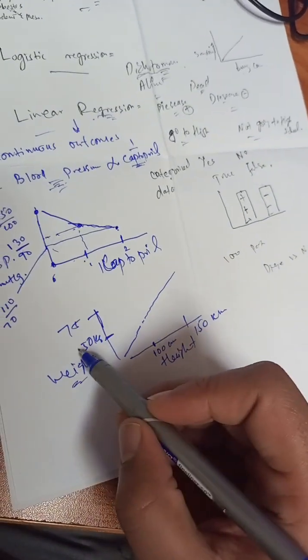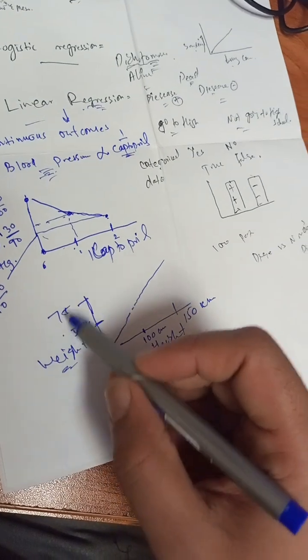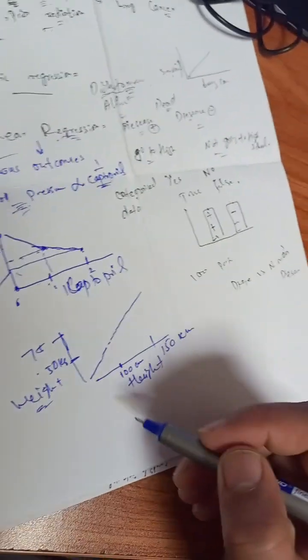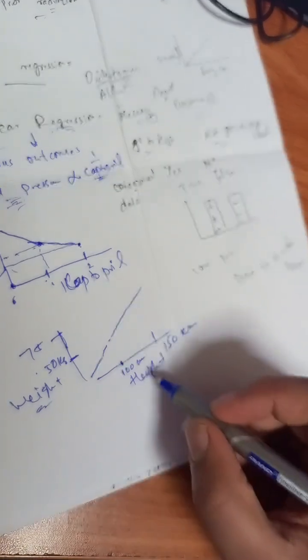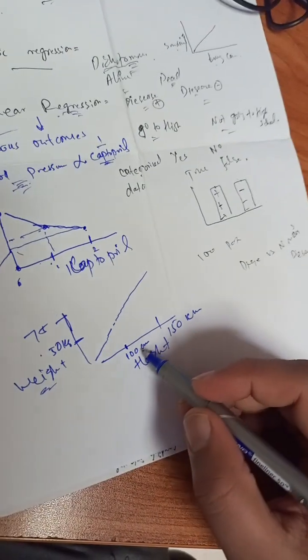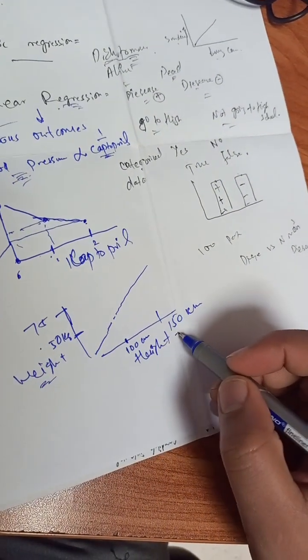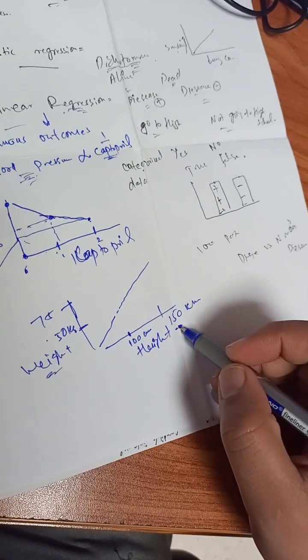The data is continuous: 50, 51, 52, 53 for the outcome variable, and just like the height, which is also 100, 101, 102, it is also a continuous outcome.